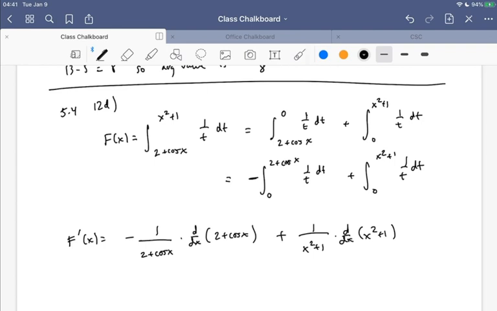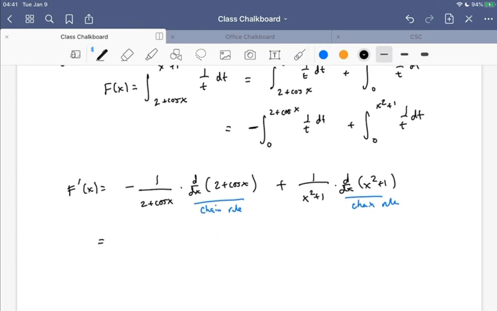That's the fundamental theorem: you plug in the top thing, the thing that's a function of x, and then you have to multiply by the derivative of that thing because of the chain rule. So this term and this term are chain rule pieces.